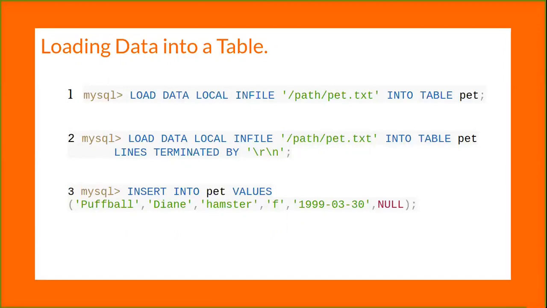You could add a new record using the INSERT statement like this: INSERT INTO table name, then VALUES, and within parentheses each value followed by a comma, and finally the terminating semicolon to mark the end of the statement.